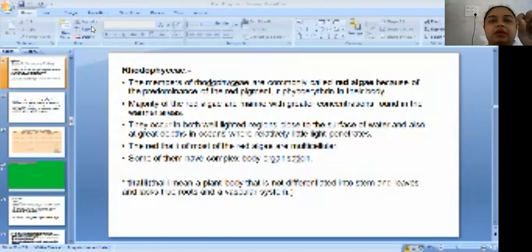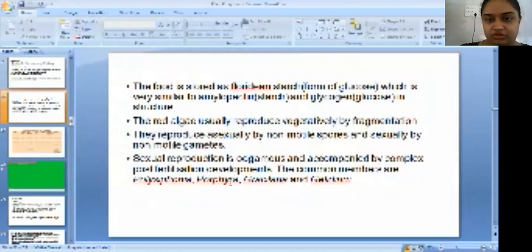Thallus is nothing but a body which is not well differentiated into the stems and leaves. और ये कैसी है? यूनिसेलुलर, मल्टीसेलुलर कैसी है? सेलुलर स्ट्रक्चर कैसा है? Multicellular. Yes, very good. Multicellular is also obvious, they will have a complex body organization.